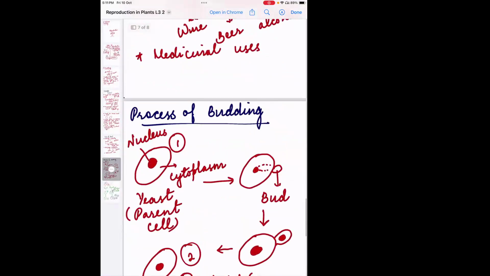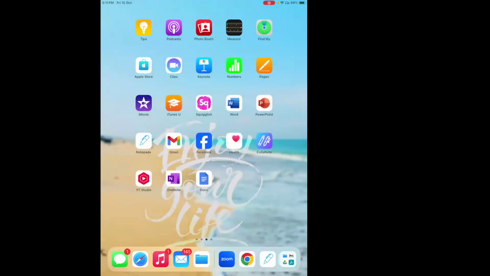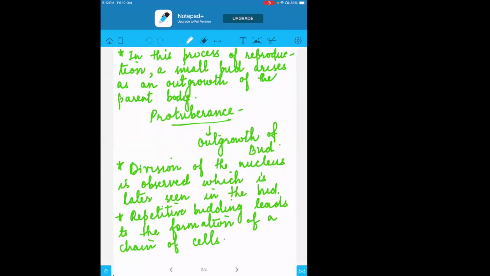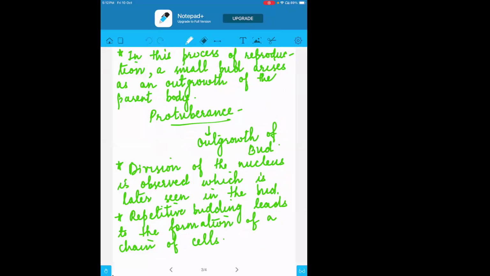No, we will be doing it again. Okay. We will be doing it with the labeling part of it. Now, this is the second page. Complete it, children, fast.